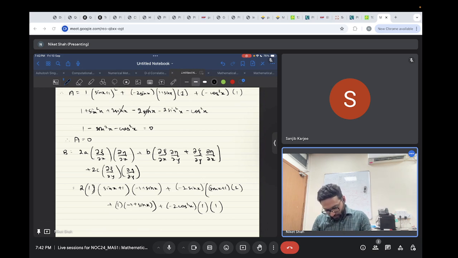Alright, so what this becomes is 2 into sine square x minus 1, sin x minus 1, sin x plus 1, sin square x minus 1, plus minus 4 sin square x minus 4 sin x.